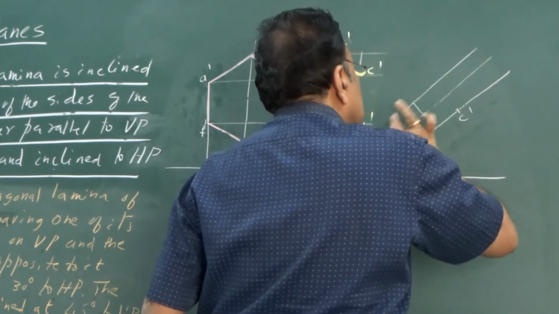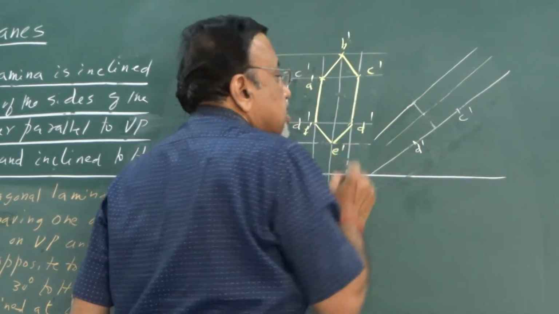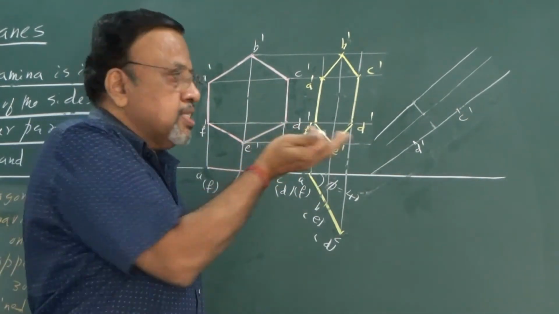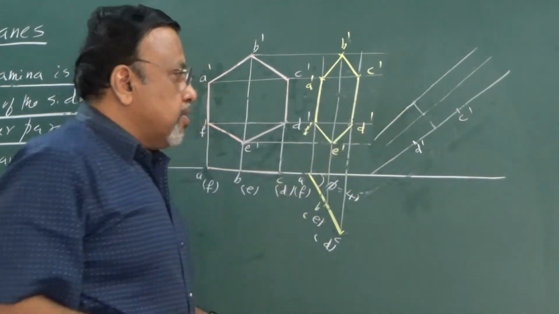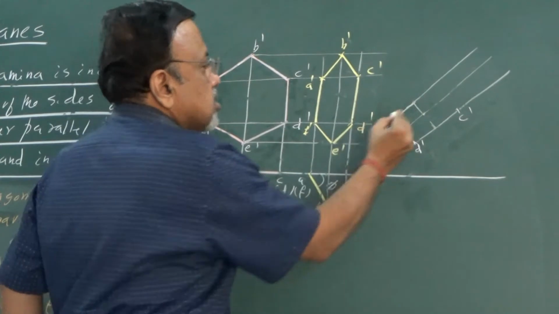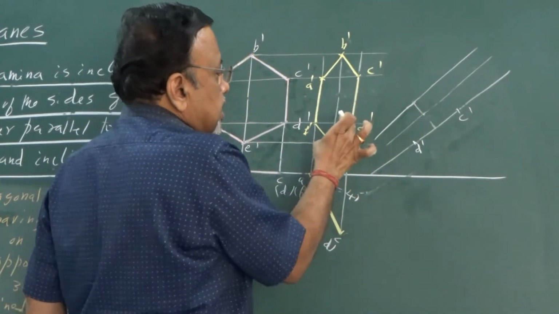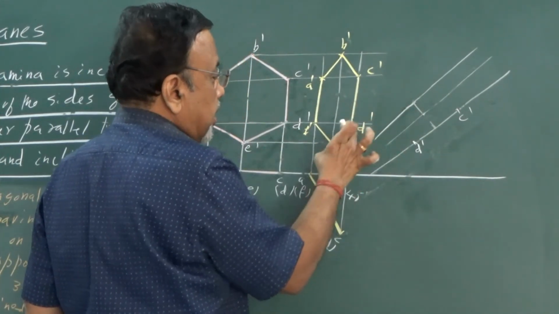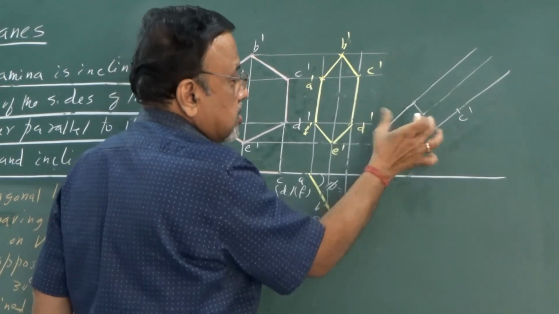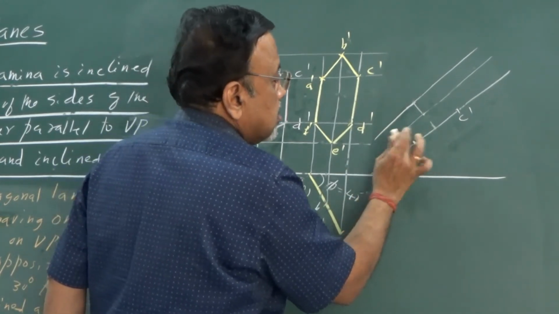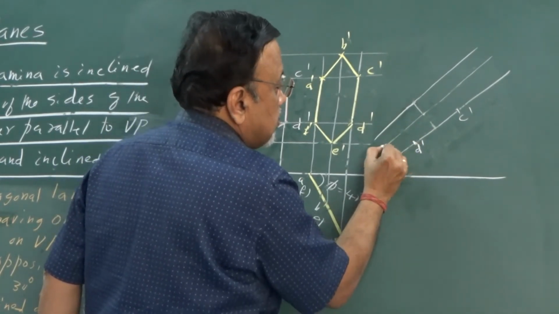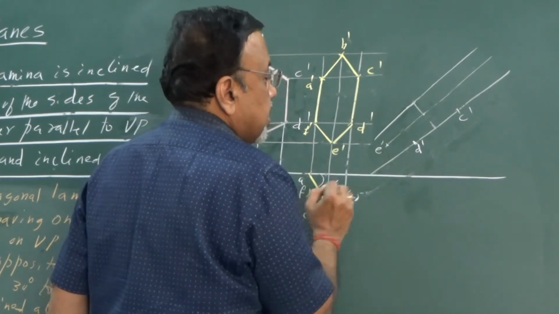Remember, since you are using a drafter, it is very easy to draw inclined lines which are parallel to one another. Anyway, this is my center point, D is there, I want to get this E. So I will take this and cut it from here. So I am going to get this E dash.